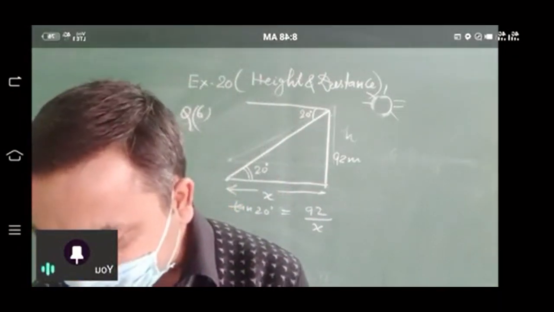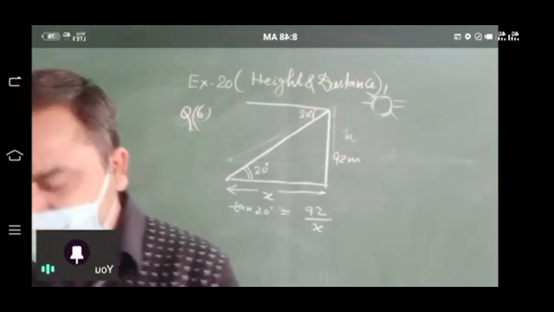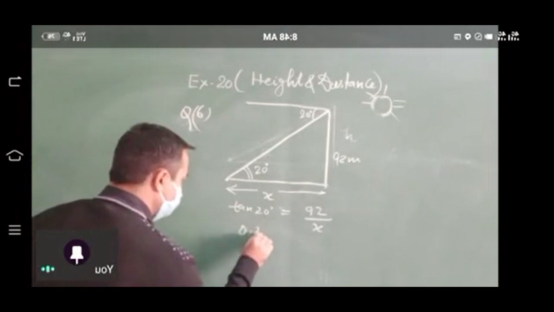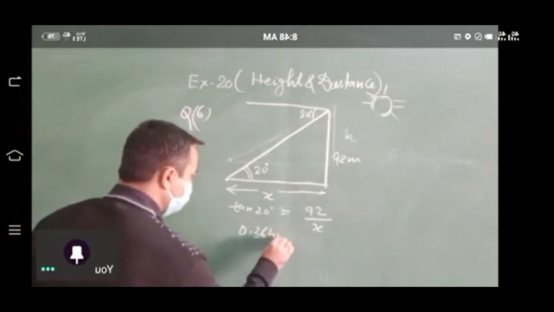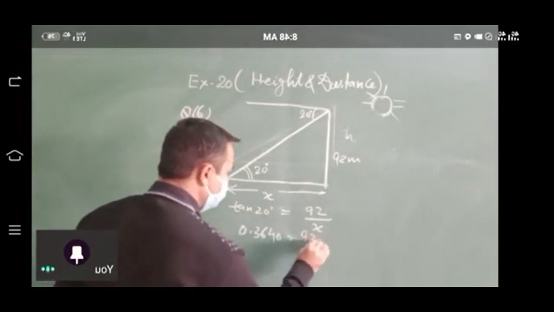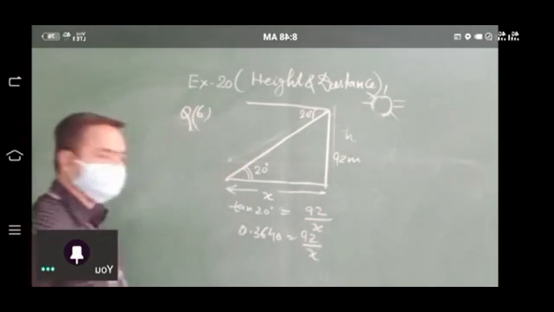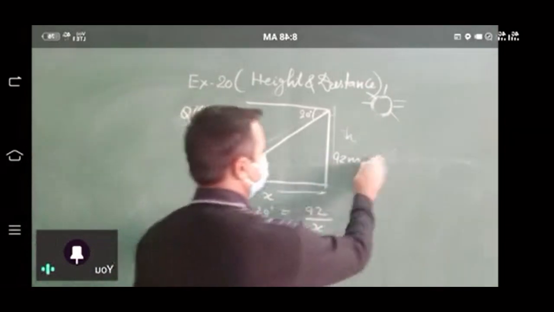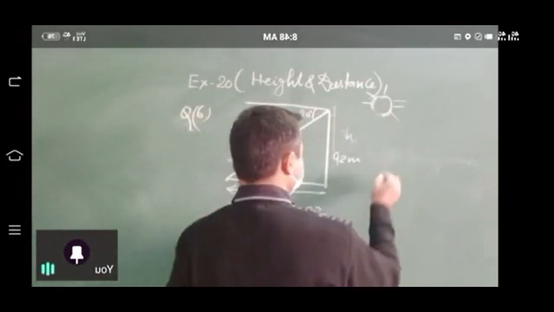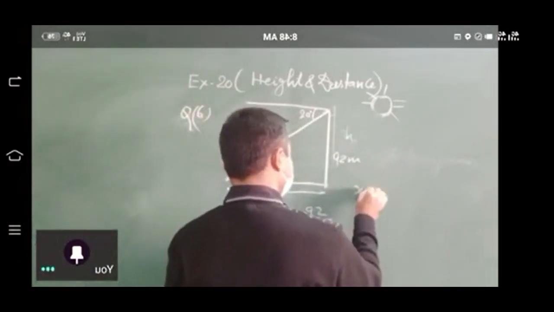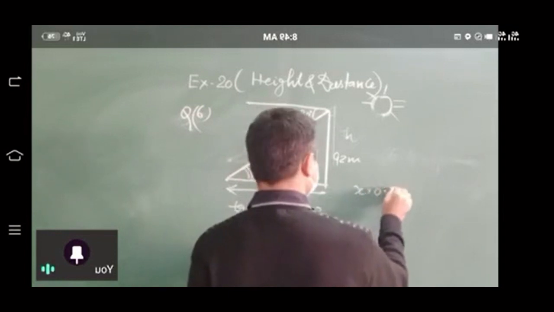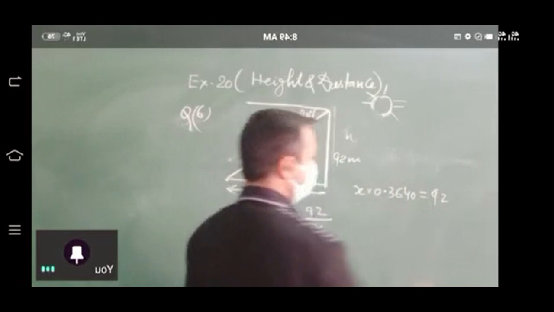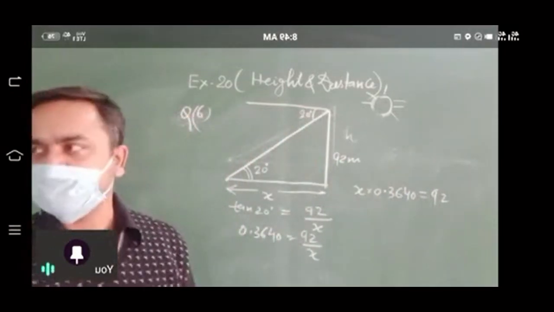So 0.3640 equals 92 upon x. If you cross multiply, x multiplied by 0.3640 equals 92.